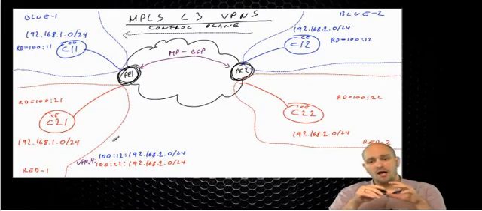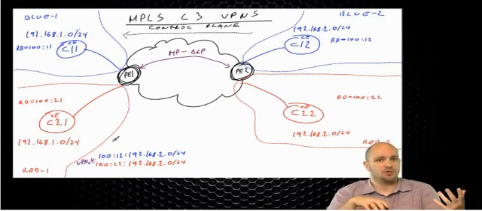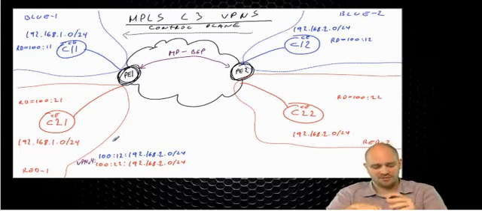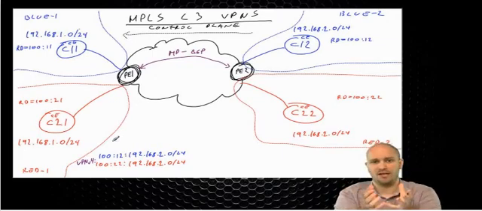Now, I should point out that the designers of this technology could have used the route distinguishers for this sorting purpose, but they are not used for this purpose. They're not used for this purpose for several reasons, but the major reason is that that would actually be limiting in which topologies we can actually implement using MPLS VPNs.